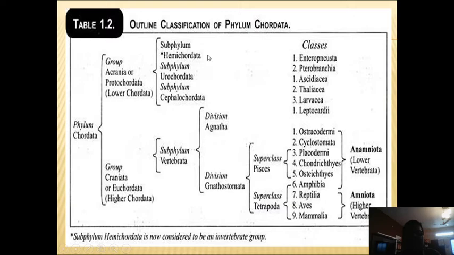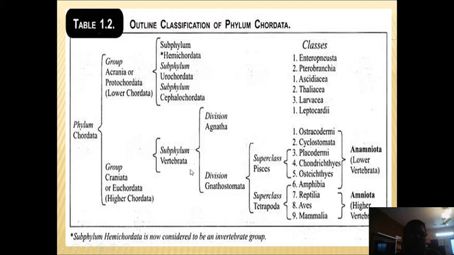These are animals having characteristics of both the non-chordates and the chordates, and therefore they are included in the invertebrate group. Whereas Urochordata and Cephalochordata are subphyla of the phylum Chordata, considered the primitive, protochordates or lower chordates.